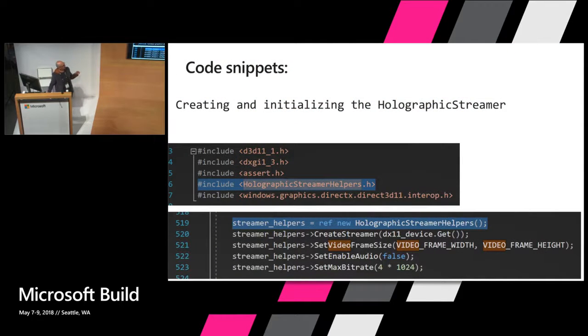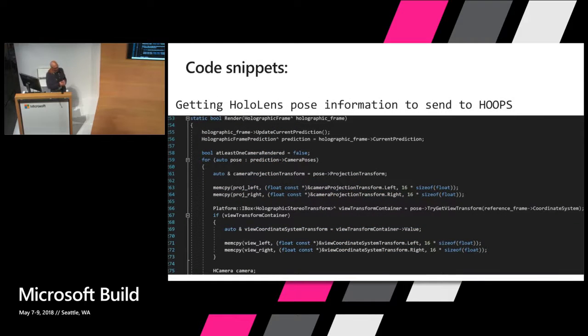So, some code snippets here. The holographic streamer, the stream helper, is the first thing you have to make: basically a connection from your 3D engine to the HoloLens to stream graphics. And then pose information, this is the other interesting thing. You need to write code that takes the camera position, the input from the HoloLens, which is moving around quite dynamically, sends that signal back to your graphics engine and gets new camera positions.